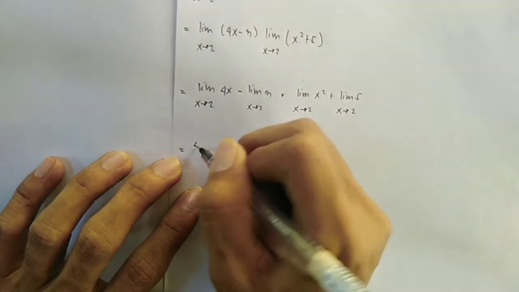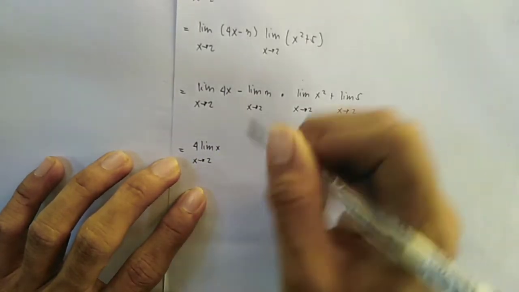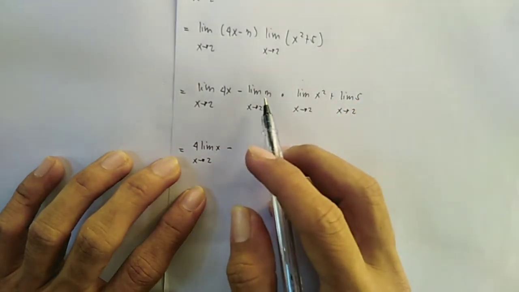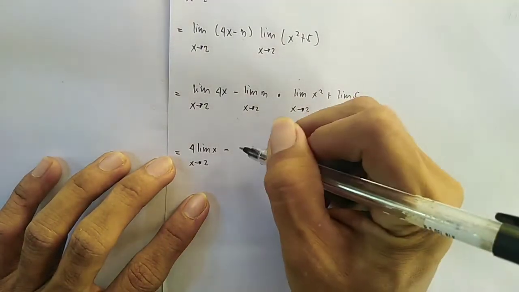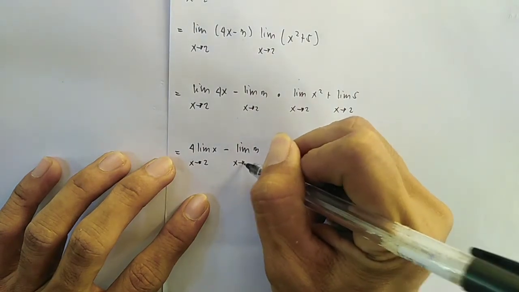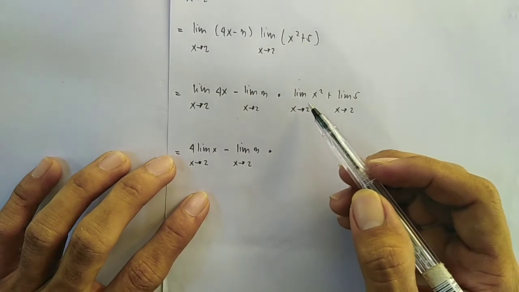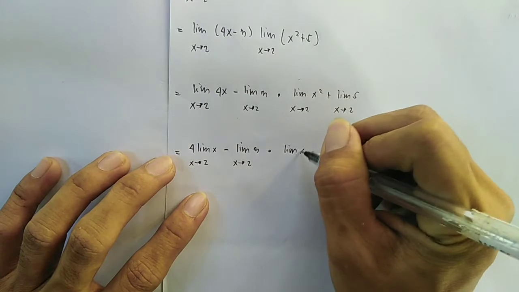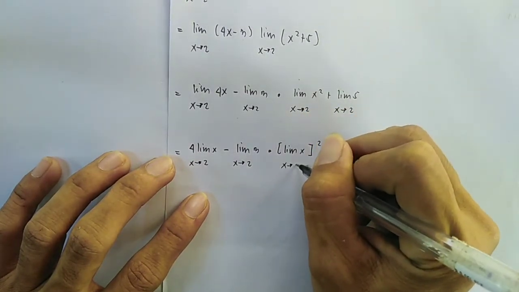We have to rewrite this to the simplest form of the limit notation. So you can rewrite it as 4 times the limit of x as x approaches 2. Here minus, since this is already in the simplest form, the limit of the constant, there is no other way of writing that, so you can rewrite that as the limit of 3 as x approaches 2, times the limit of x squared, which we can rewrite to the simplest form as the limit of x to the power of 2 as x approaches 2.